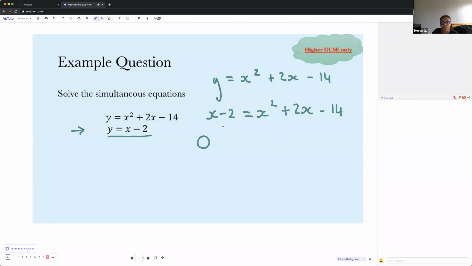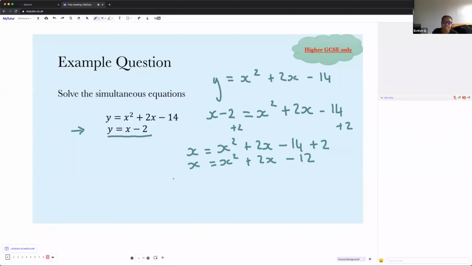And to do that, we need to move our x and our -2. So that means I need to add 2 to both sides. So I'll start with that first. So I've got x equals x squared plus 2x minus 14 plus 2. And minus 14 plus 2 is minus 12.